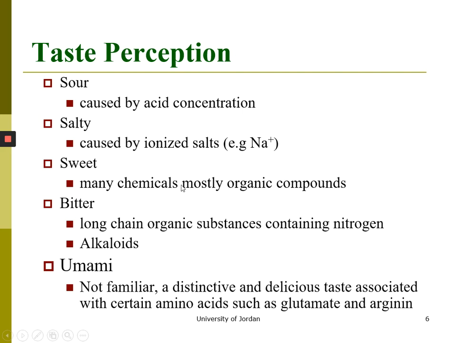The NutraSweet contains phenylalanine. Bitter sensation: long chain organic substances containing nitrogen, and alkaloids. Bitter substances, these alkaloids or organics, are usually toxic. Umami: not familiar, a distinctive, delicious taste that comes from certain amino acids like glutamate and arginine. So these are the 5 primary taste sensations.